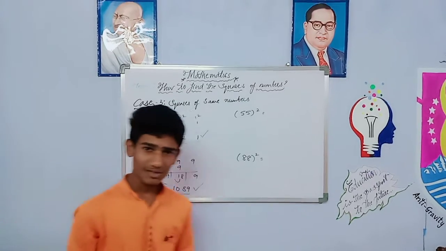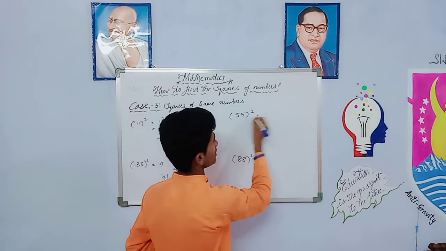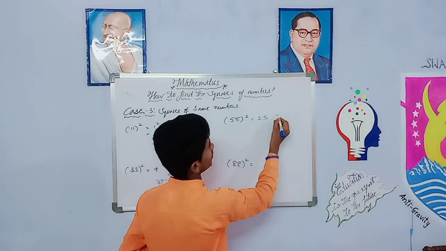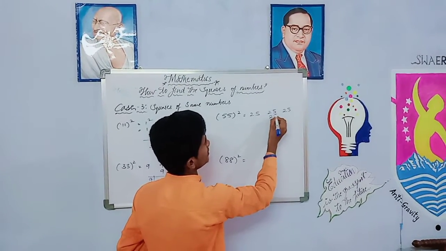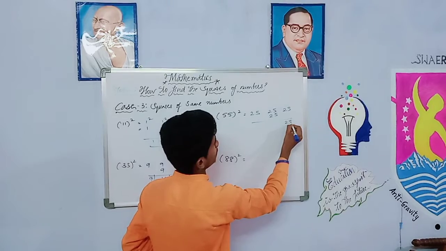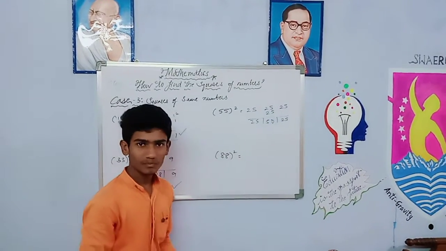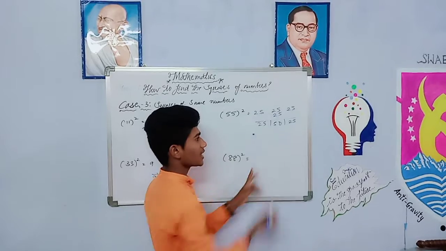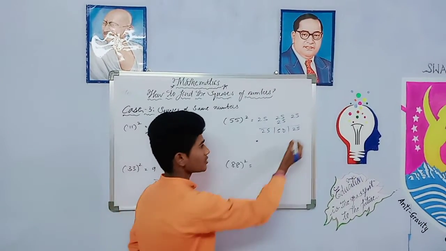Yes or no? In seconds only we can tell the answer. Say 55 square is there. 5 square equal to 25, again 5 square 25, and 5 square 25. In the middle you have to add the same digit: 25 plus 25 is 50. In these 3 places we got 2 digits, so we have to carry.